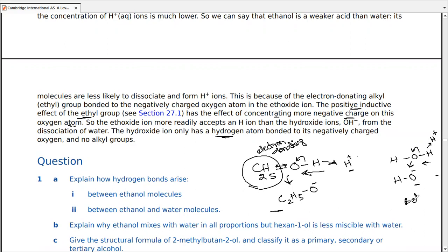So we can easily call this one a better acid and this one a weaker acid, right? So that's the explanation to the structures where there might be an alkyl group or the absence of an alkyl group. I hope you understand the difference, but if there are any questions and confusions, this is the right time to ask.